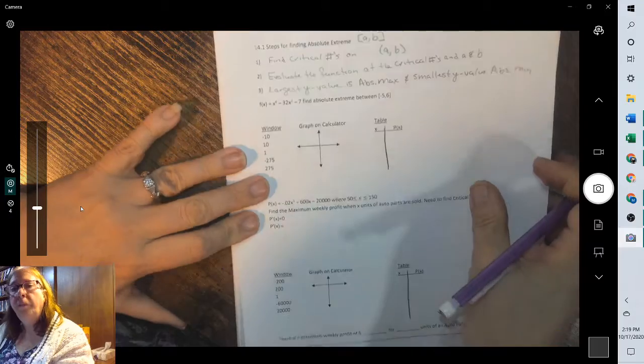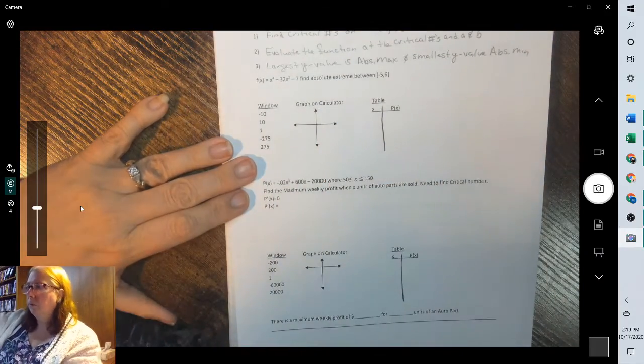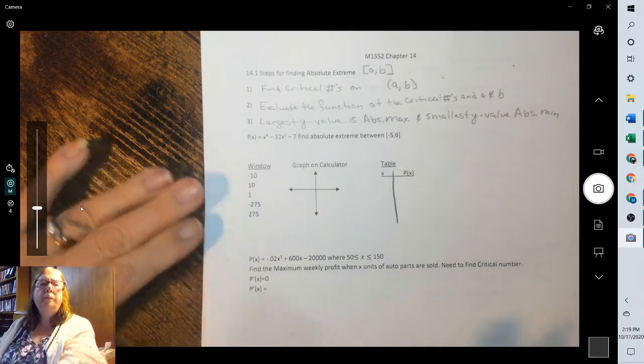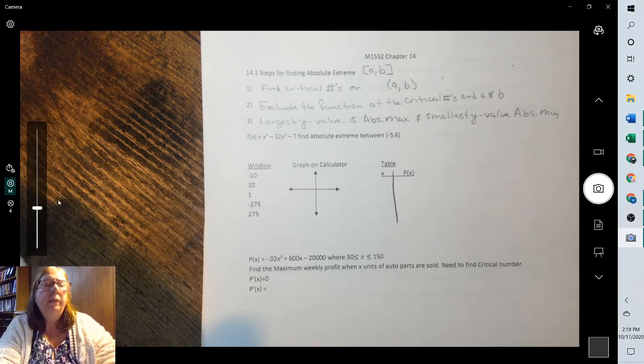Okay, let's try one. So we want to find the absolute extrema on the interval between -5 and 6 for this function.